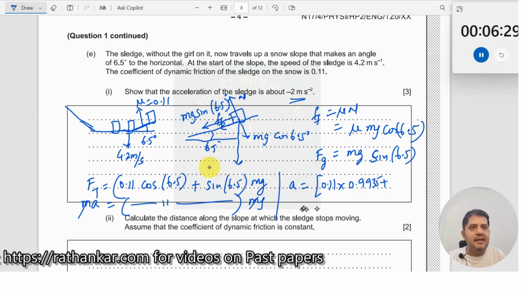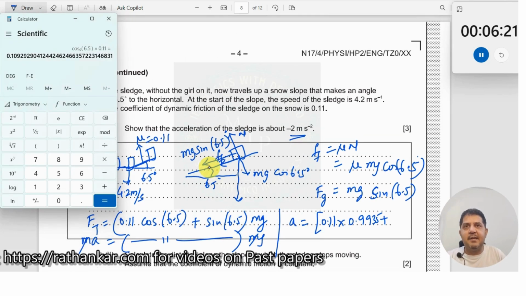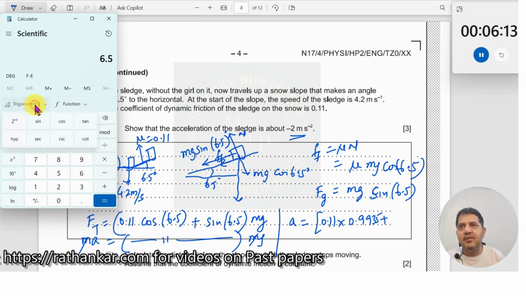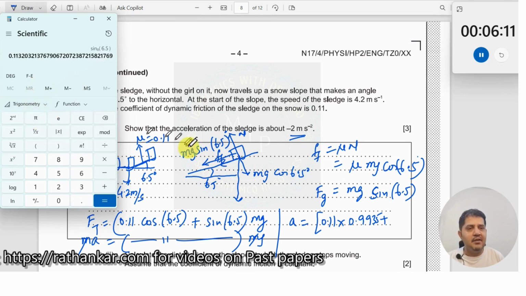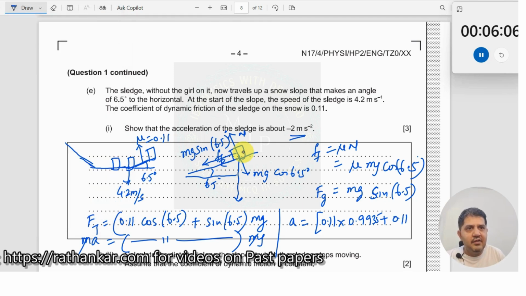Okay, let it be, plus what is this value? This value is mg sine 6.5. What is sine 6.5? Once again, 6.5, and then you take the sine value of this, which is 0.1132. I'll write down this also, 0.1132, right? Multiplied by g, and g is there outside.